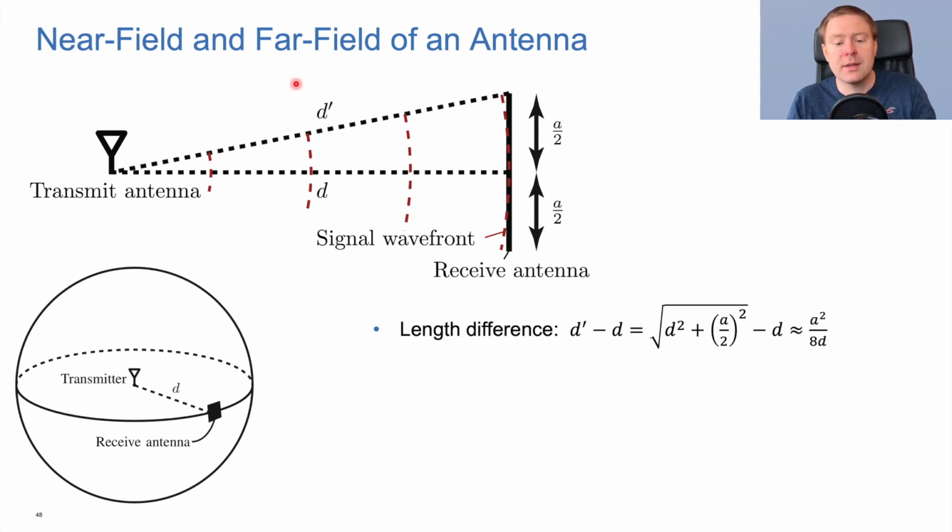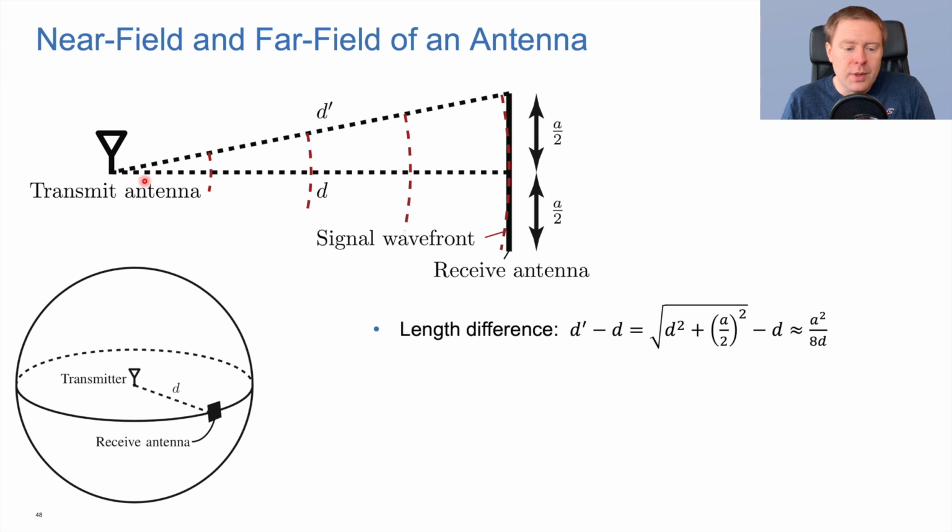That is some trigonometry. Then we should subtract d again, and this is the exact expression for the length difference. If we make a small-a approximation using a Taylor approximation, then this whole thing will become a squared divided by 8d. And this is then the length difference.